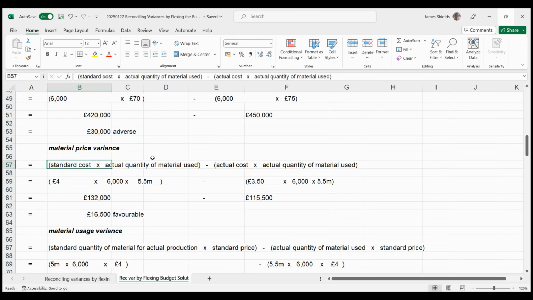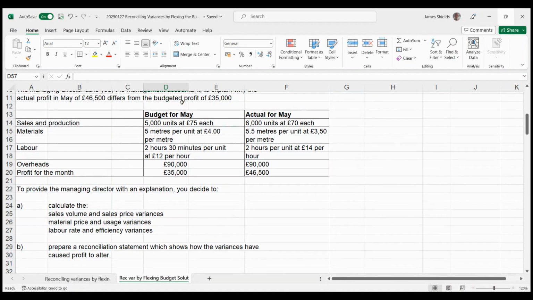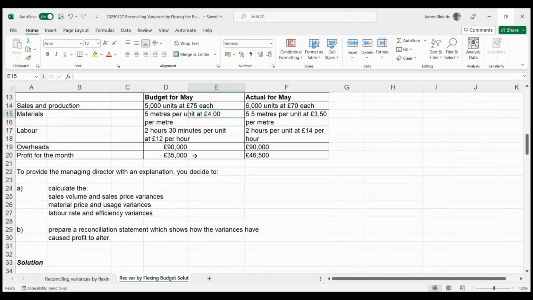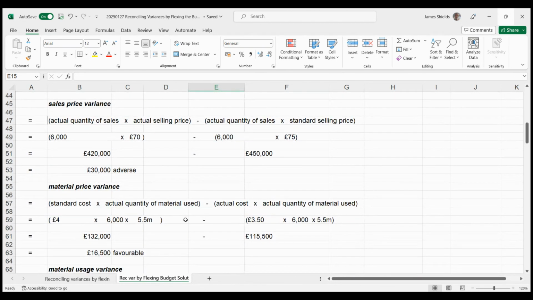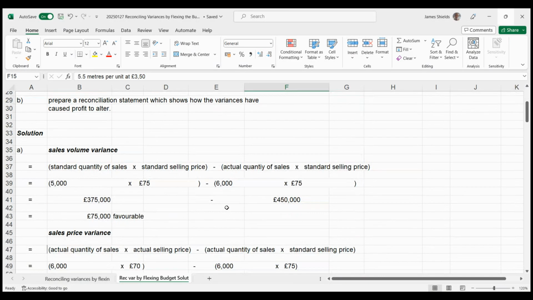So it's the standard cost times the actual quantity of material used. So with the standard cost, back to the information, it's £4 per unit. The actual quantity of material is going to be 6,000 units, and the amount per unit, if we just go back to the information, was 5.5 metres.